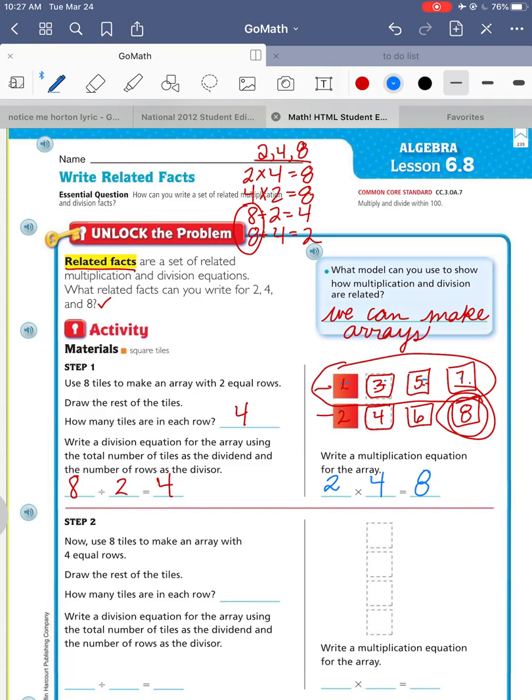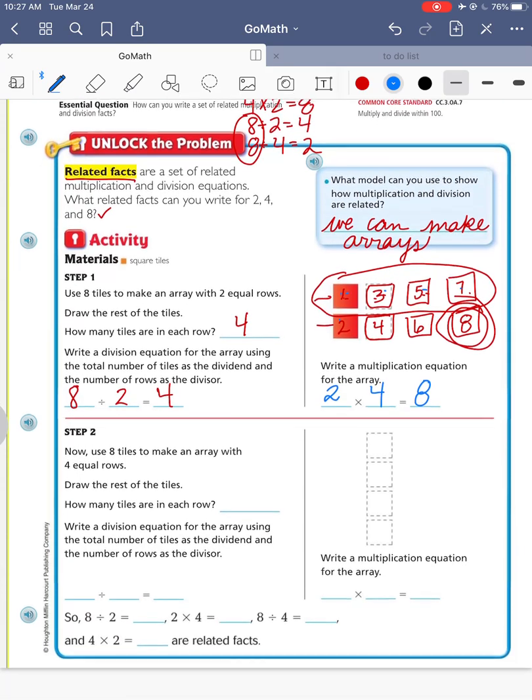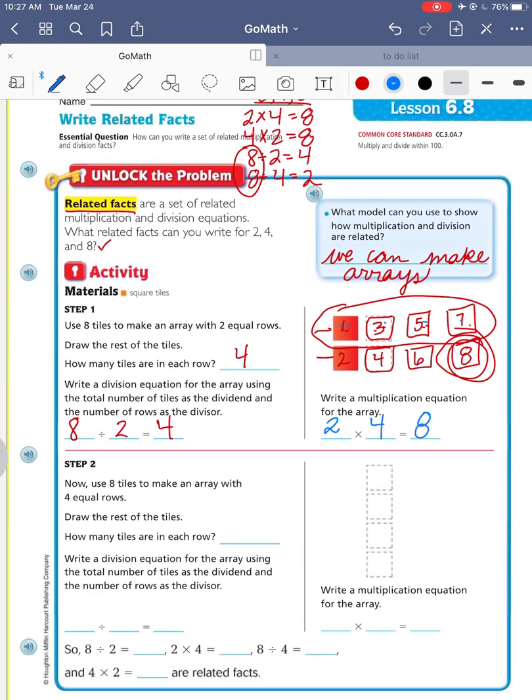Now, for the second part, it says use 8 tiles to make an array with 4 equal rows. So we need to draw 4 down and then add a tile to each row until we get to 8. 1, 2, 3, 4, 5, 6, 7, 8. How many tiles are in a row? 1, 2.